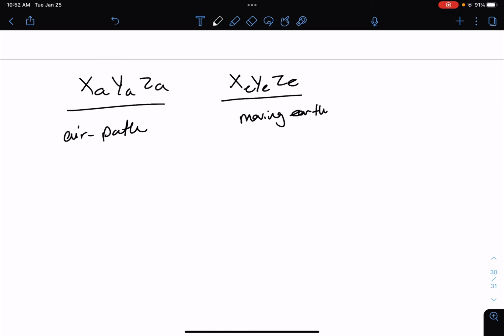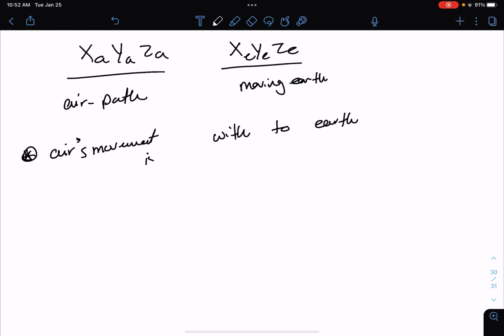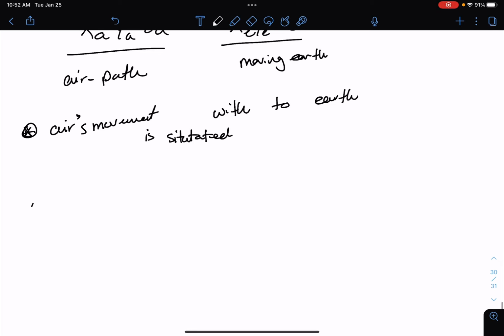So essentially these angles are going to talk about how air is moving with respect to earth, or how air's movement is situated. These are going to be very rarely used, but it's just an introduction, so we just have to become familiar with it. First one is called the azimuth angle.